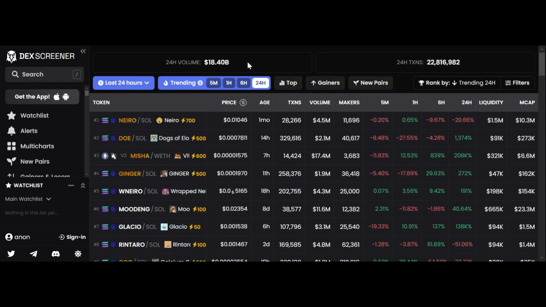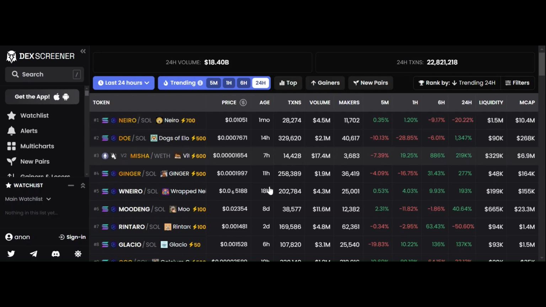And I am specifying based on this platform because different price oracles, these platforms that track price and volume and liquidity, work with different oracles, so they will give you slightly different values here. But for the most part, the information they give you is usually very reliable.